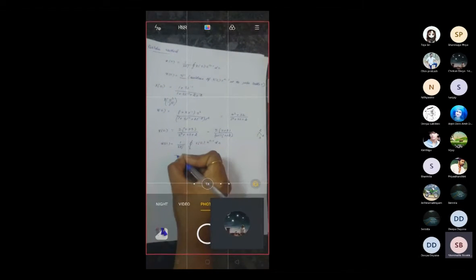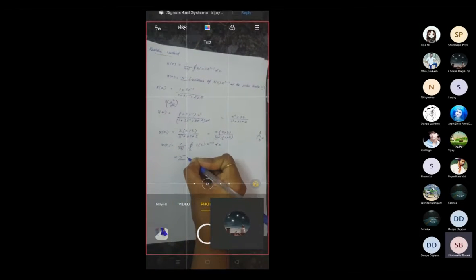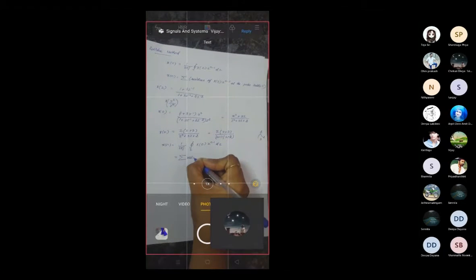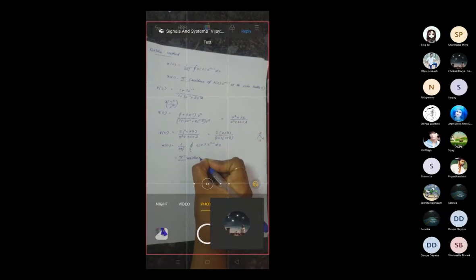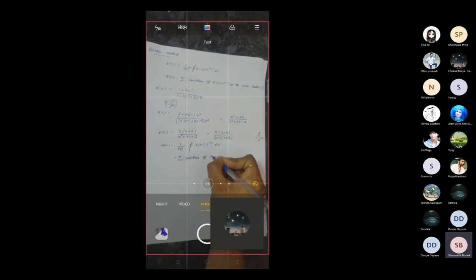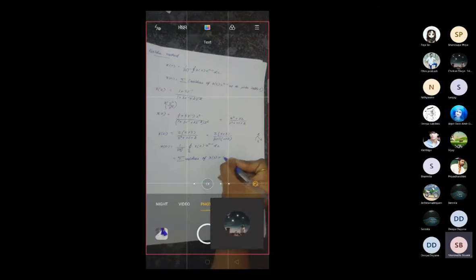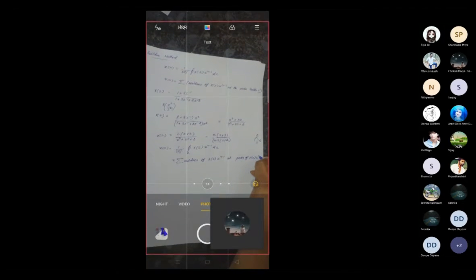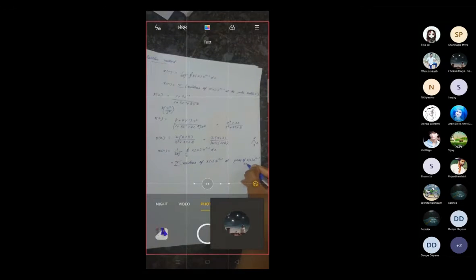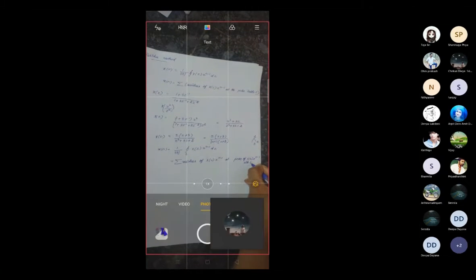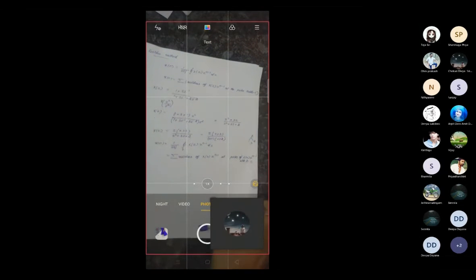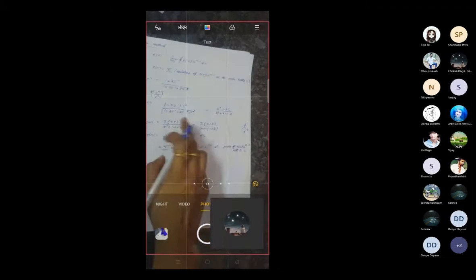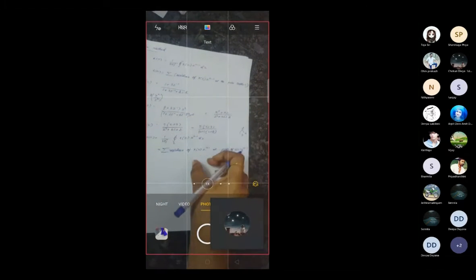So this will be equal to the summation of residues of x of z into z power n minus 1 at the poles of x of z into z power n minus 1 within the circle C.